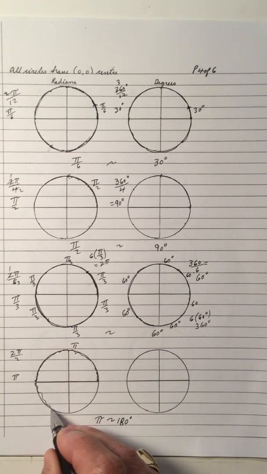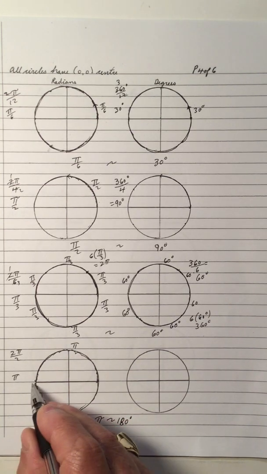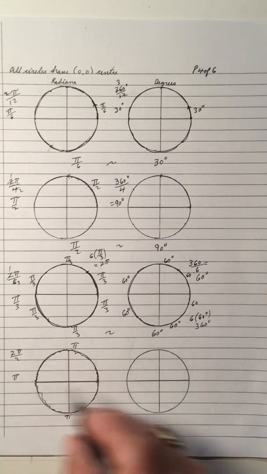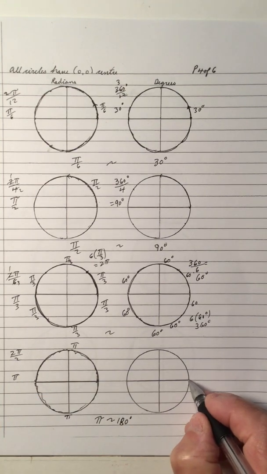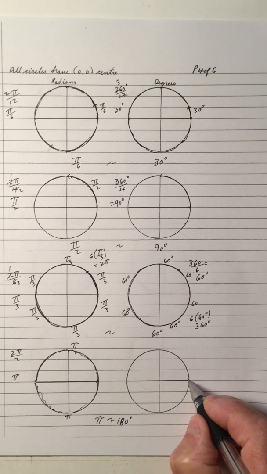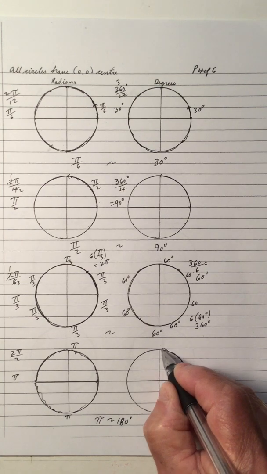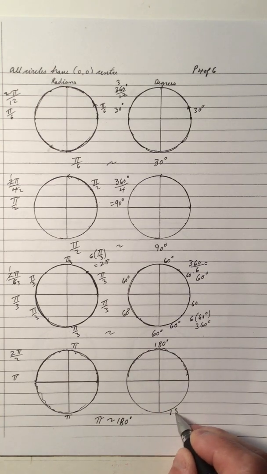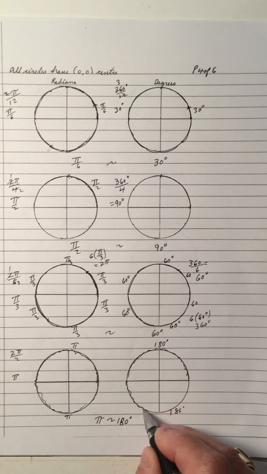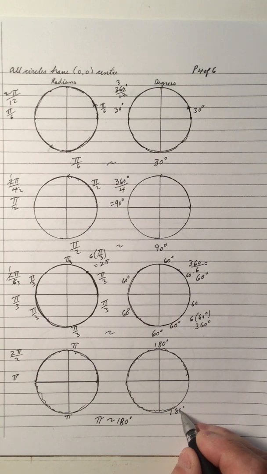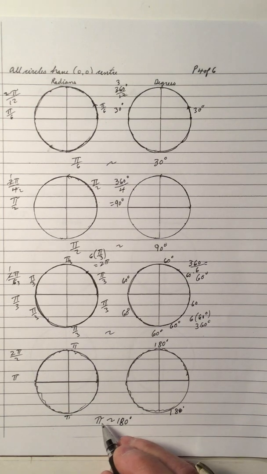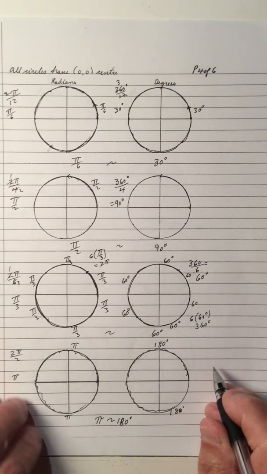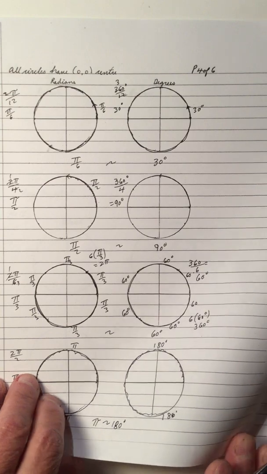And this one down here, from here to here, is also pi. So 2 pi altogether, and all the way around is 360. Half of it is 180, and the other half, from here to here, is 180. So I kept it in my memory that pi radians is equivalent to 180 degrees.